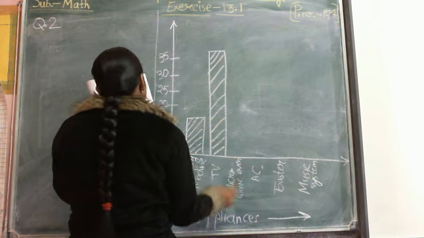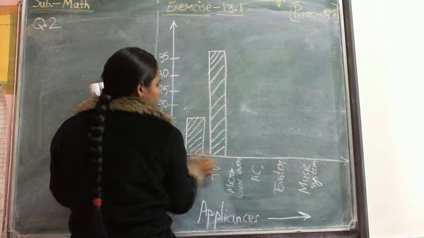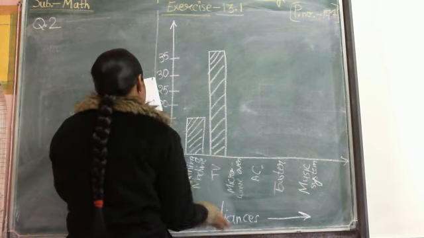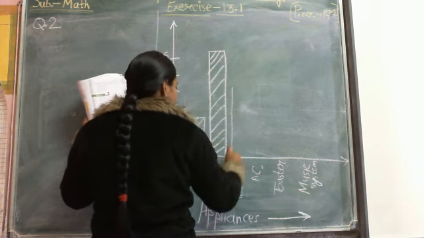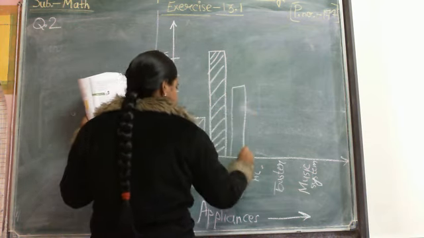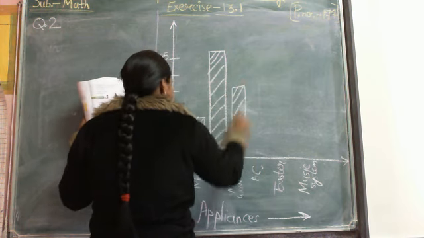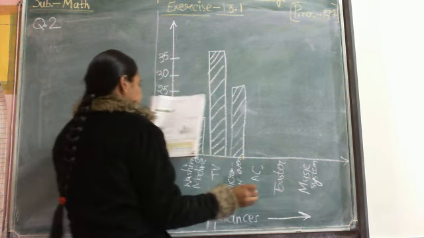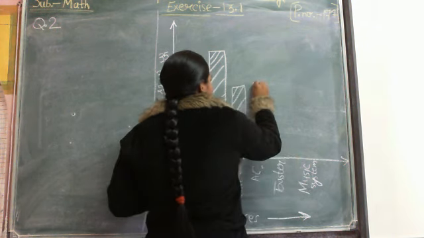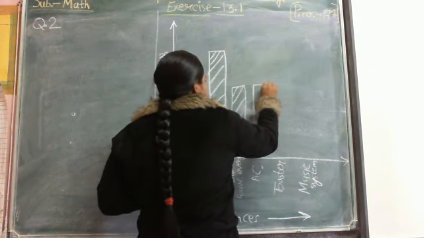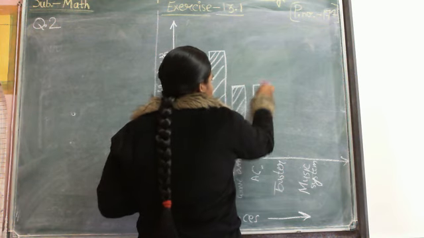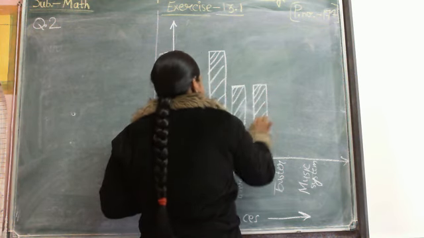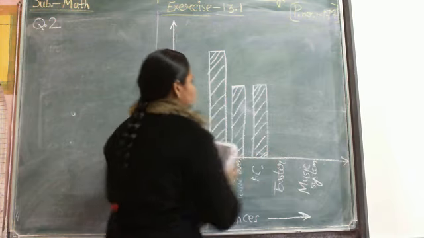Then microwave oven. We remember the width of the bars must be the same. Microwave oven, 25 microwave ovens were sold. Then AC, again 25 AC. AC and microwaves, an equal number of AC and microwaves were sold.